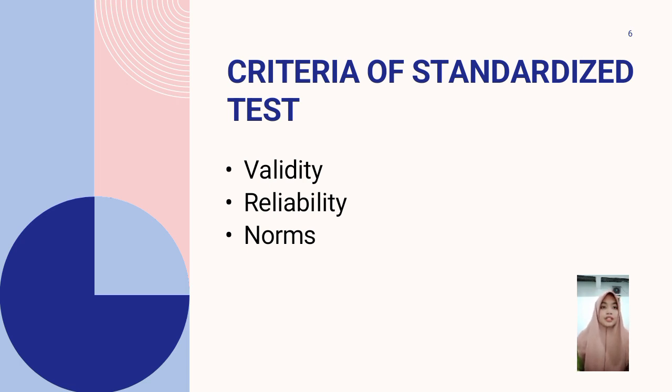Simply, if a test is given to measure learners' ability to use the 4 fundamental operations, the test should consist of items that ask the student to add, subtract, multiply, and divide.